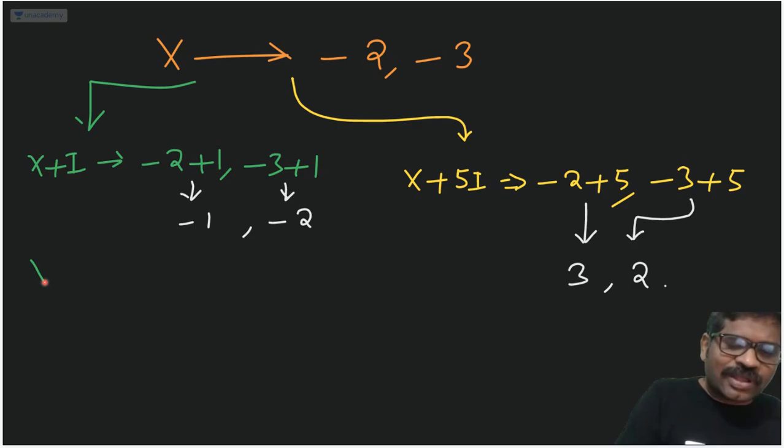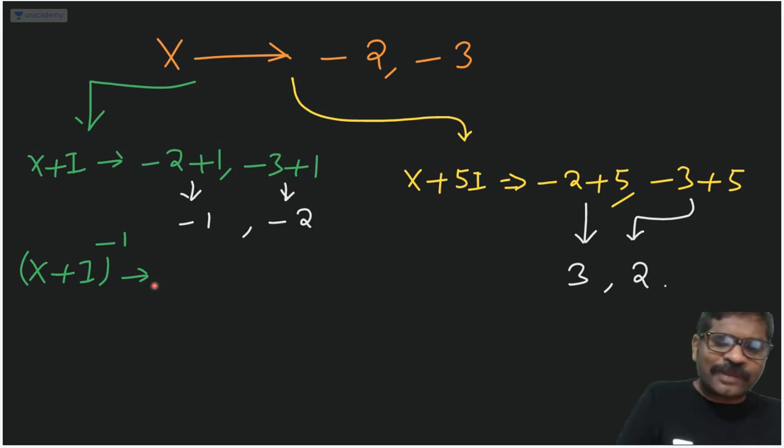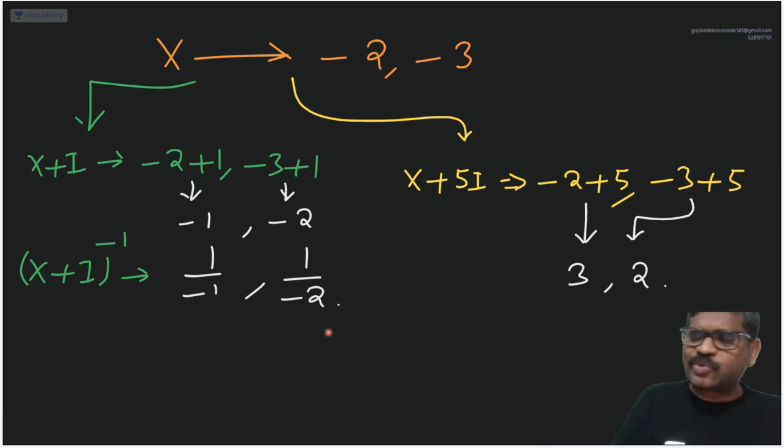Eigenvalues of (X plus I) inverse are 1 by -1, 1 by -2.